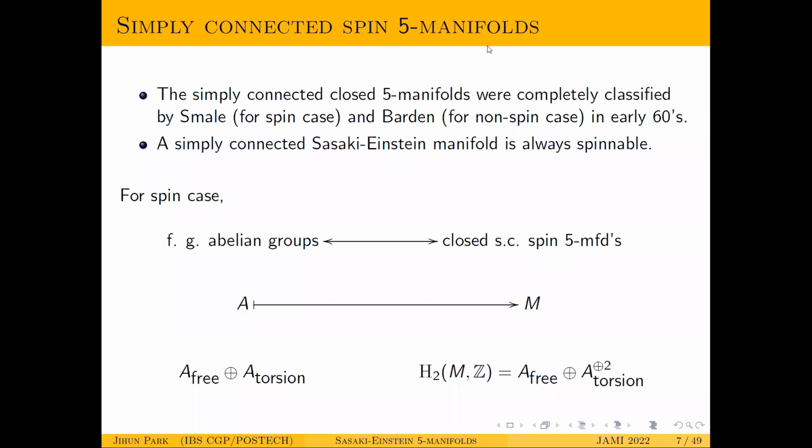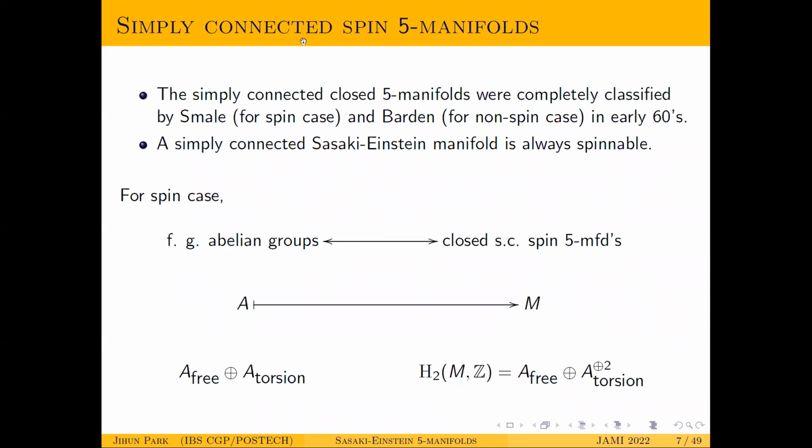Spin means, in your Riemannian structure, you consider the tangent bundle, and then you have transition maps into SO(n), and the double cover, the spin group. With the cocycle condition, if you can lift to the spin group, then we say it's spin.